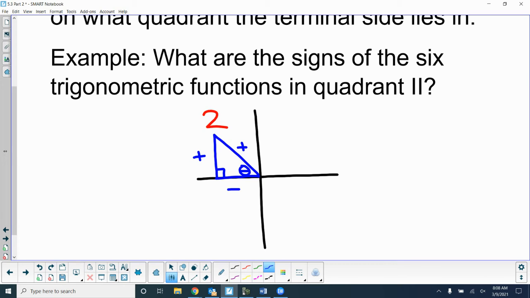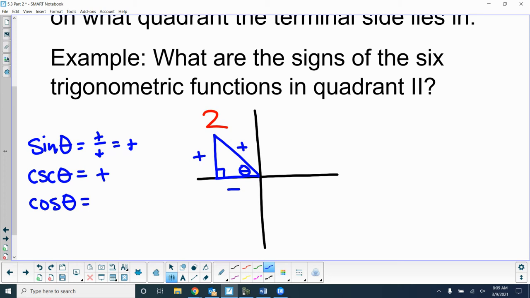So sine in the second quadrant is opposite over hypotenuse, a positive divided by a positive, so that's positive. The cosecant, its reciprocal, will also be positive. The cosine, it's adjacent, a negative number divided by hypotenuse, which is always positive, so that answer is negative.